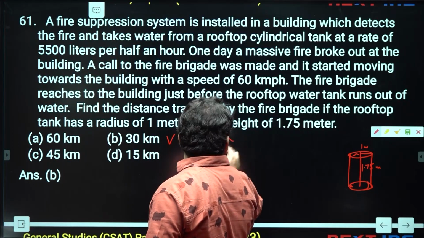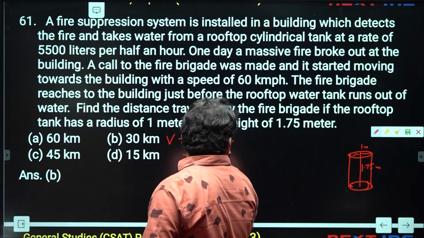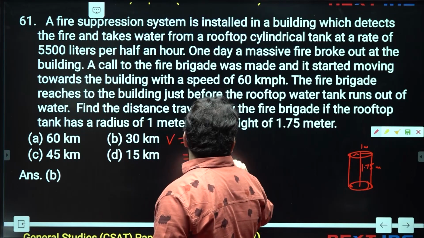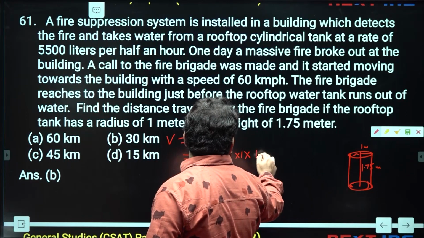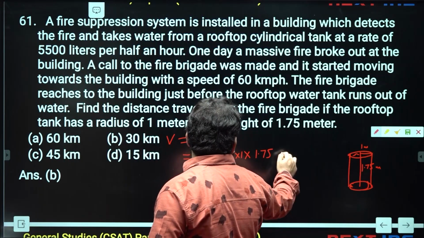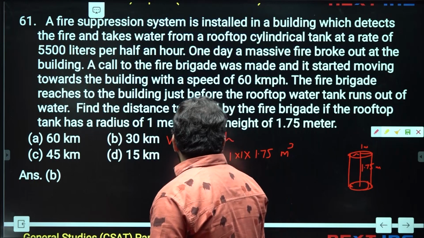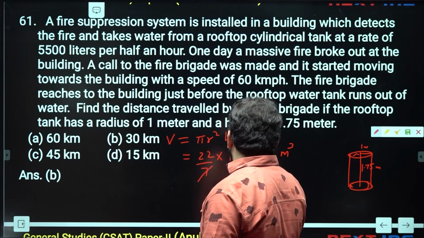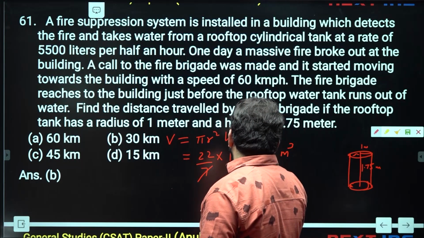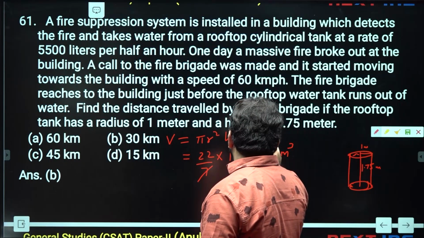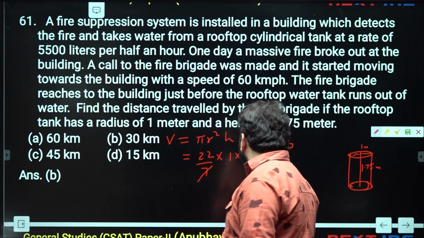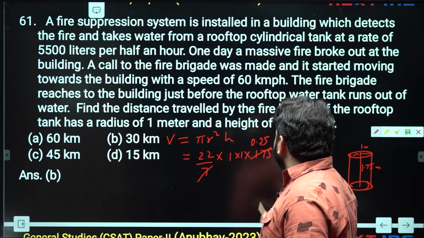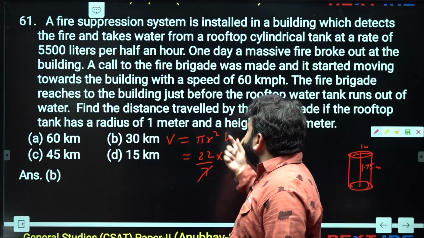तो वॉल्यूम ये सिलेंडर है ना, तो वॉल्यूम इज गिवन बाय पाई आर स्क्वायर एच. सो पाई 22/7 into r that is 1 into 1 into h, 1.75 meter cube. So 1.75, 0.25. ये मीटर क्यूब है, और ये लीटर में है.